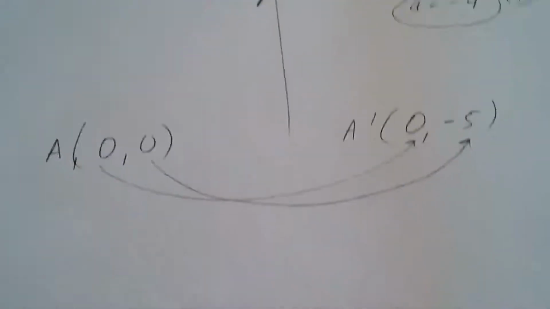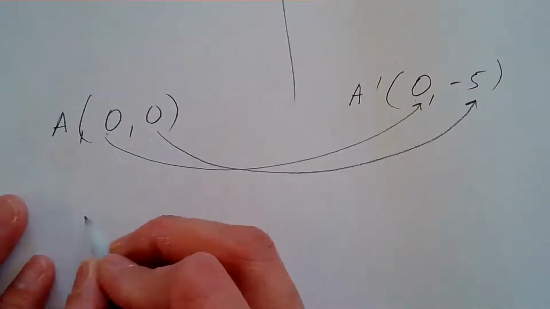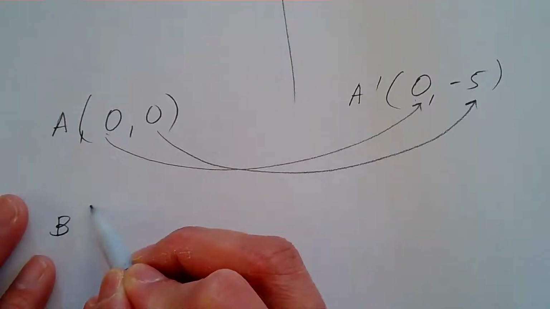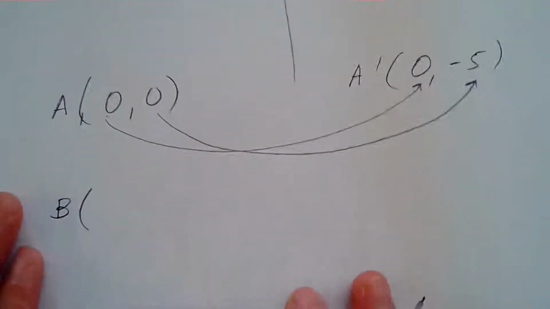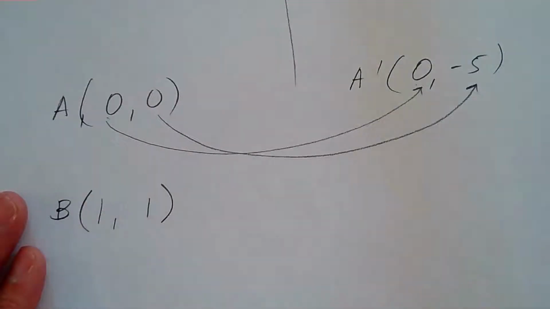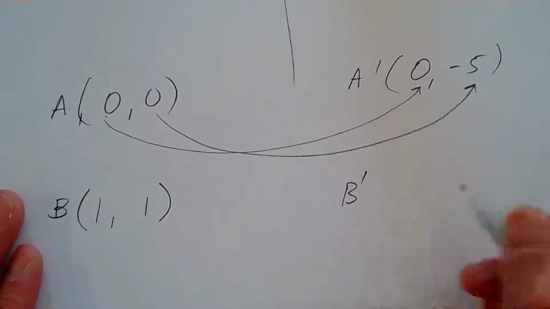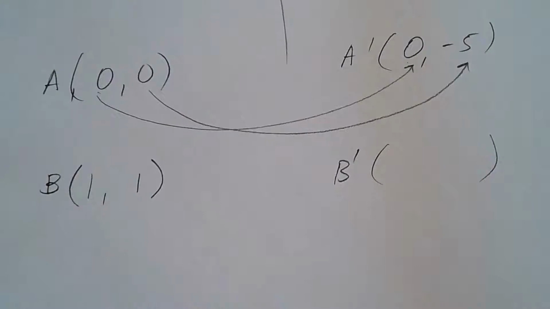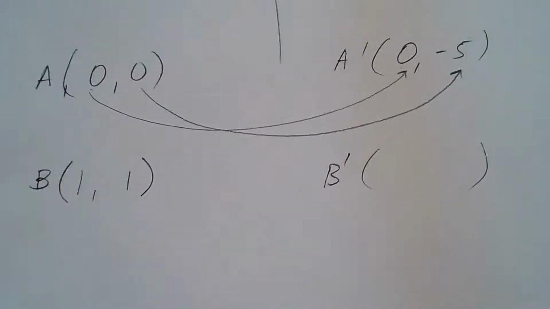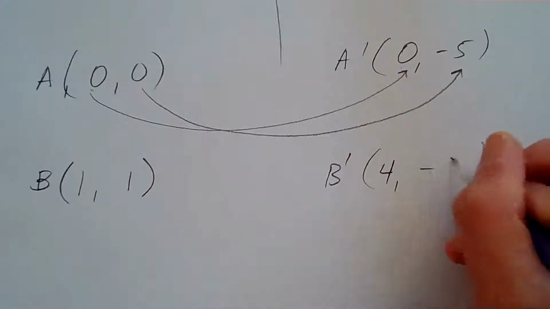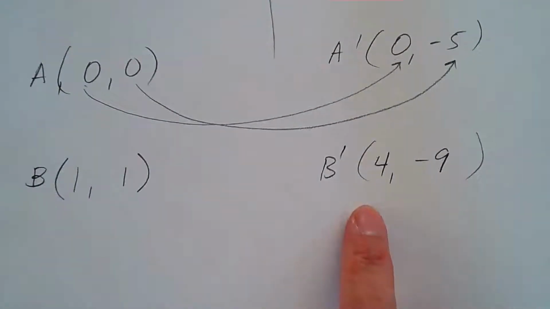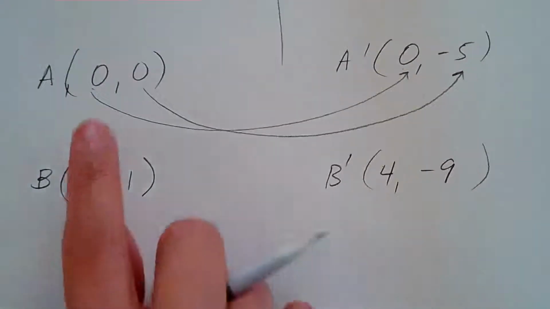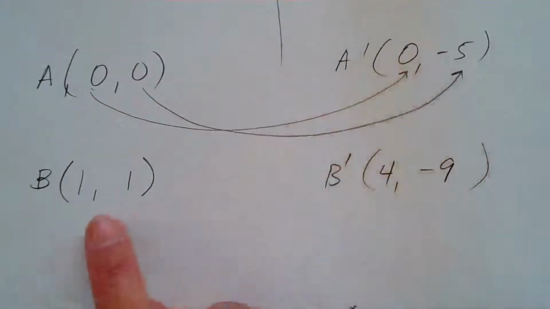So 0, 0. Let's see another one. It works there. What about B? Four. So we said there's nothing horizontal, but then there is a horizontal there.